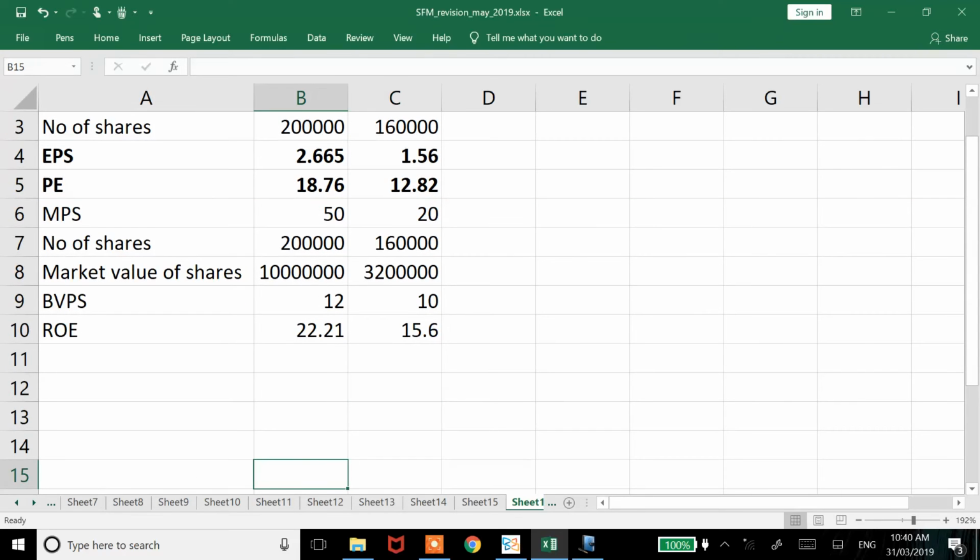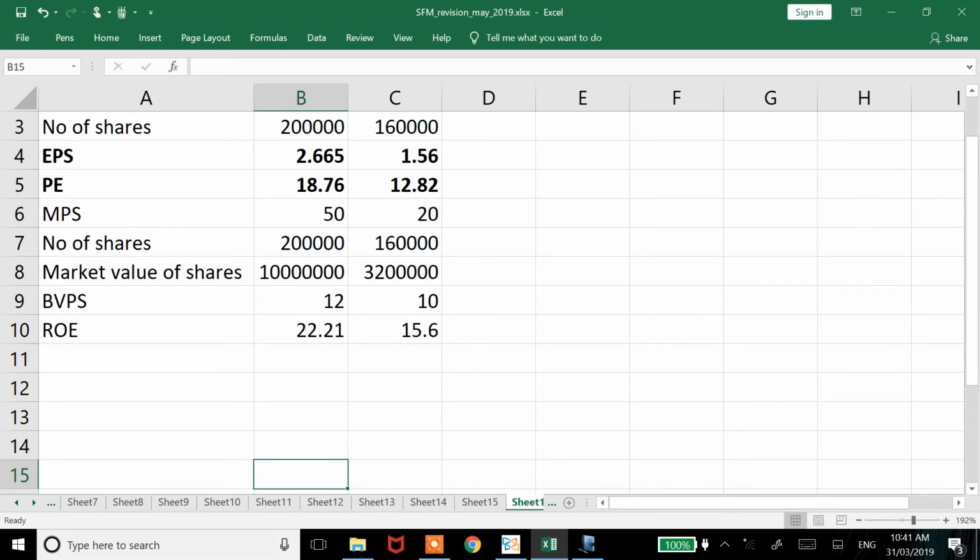Return on equity, so basically EPS, that's a three-way formula. You can end up writing it as ROE is equal to EPS by this, or EPS is equal to ROE into this, or book value. So you can get any of the numbers. ROE is 22.21 and 15.6.